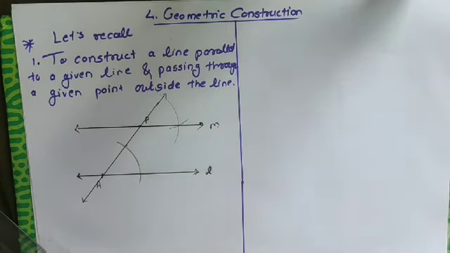The next construction is the second one, that is to construct a perpendicular bisector.